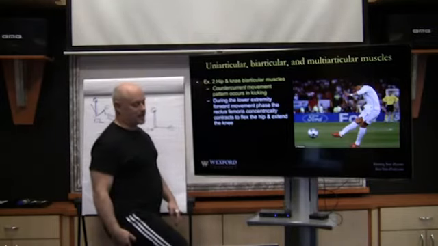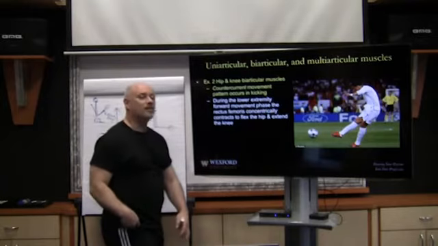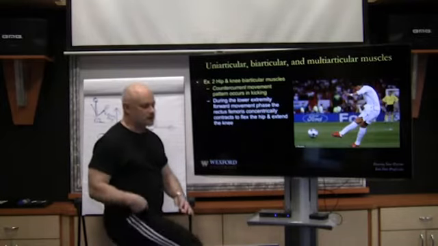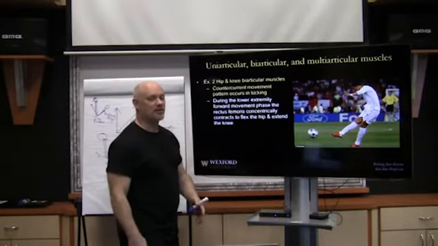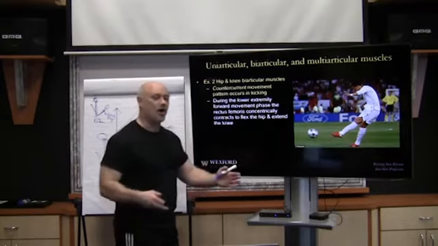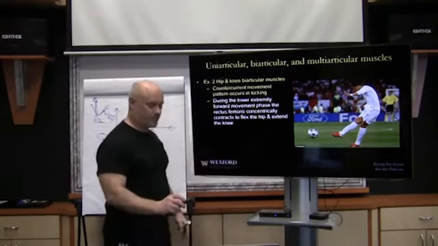But when we extend the leg, what's happening to this? Both sides of the rectus femoris are shortening to cause both movements. And on the opposite side, the countercurrent movement, the hamstrings and glutes, particularly the hamstrings, are lengthening. They're going to shut off so this movement can happen.